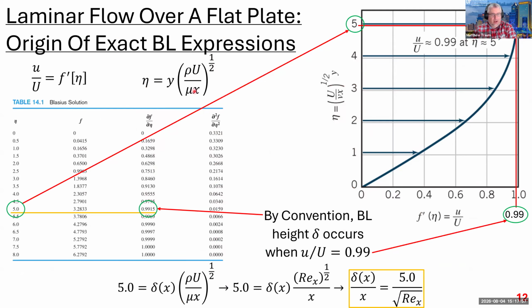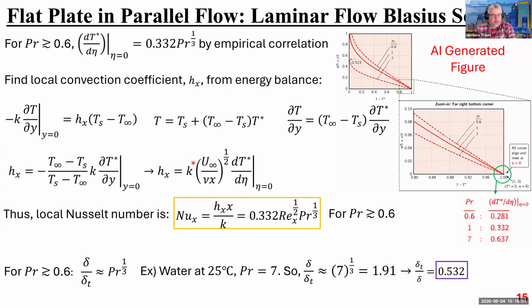I'm going to take my eta equation and solve for y in terms of eta, and then plug in here. What pops out is all this stuff that looks like the Reynolds number, except it's got x in the denominator instead of in the numerator. But we will see in a second how that gets resolved. So now I've got this expression for h sub x, but I've got this pesky derivative, right?